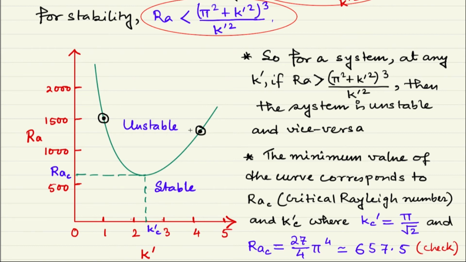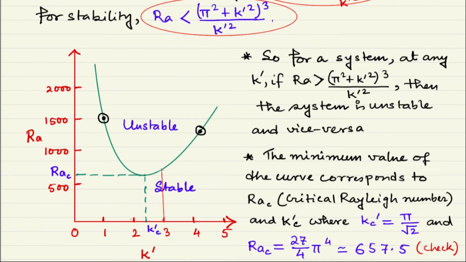Let's say you have chosen a normalized wave number k prime equal to 3. Corresponding to that, if your system has a Rayleigh number superior to the marginal one, then, making some drawing corresponding to 3, this is the point.